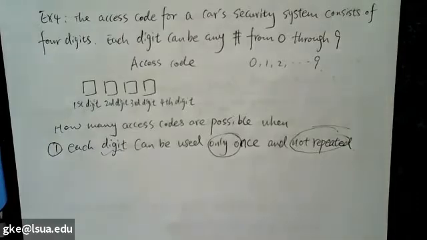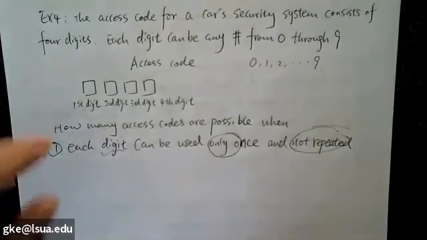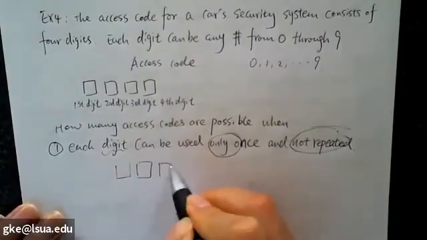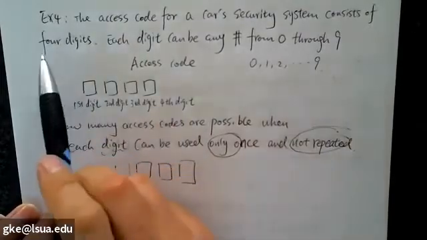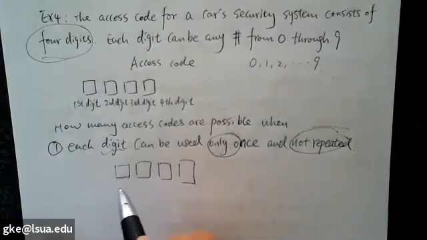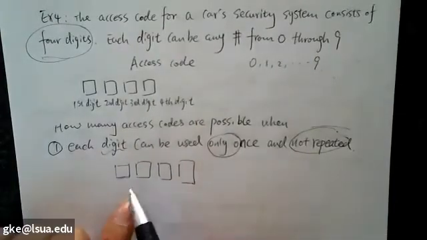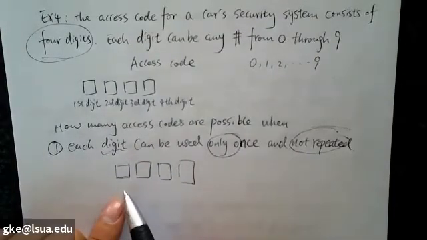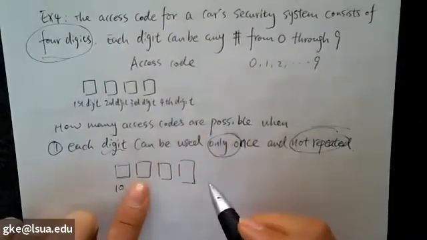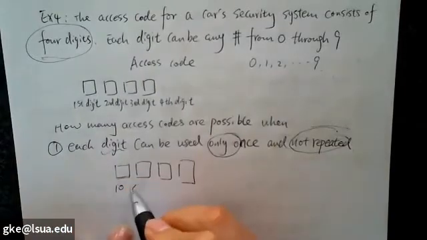Okay, now I'm going to show you guys the results. For this type of problems, you just need to draw 4 boxes in case you make a mistake, because we have 4 digits, right? So for the first digit, how many choices for the first box? 10, very good. How about the second box? 9, very good.